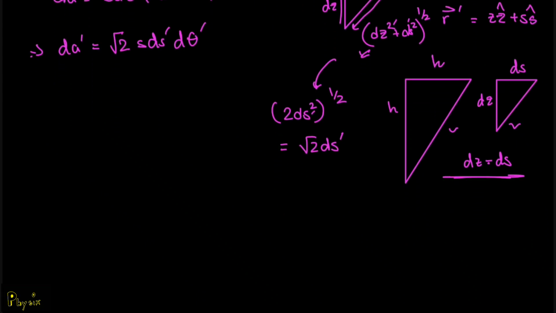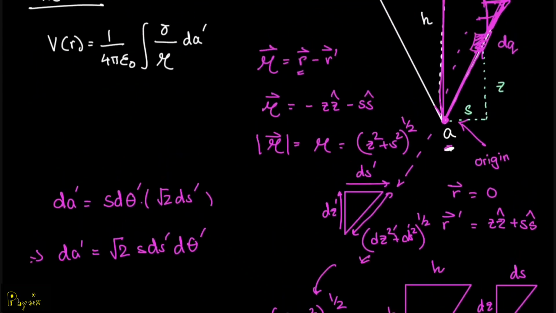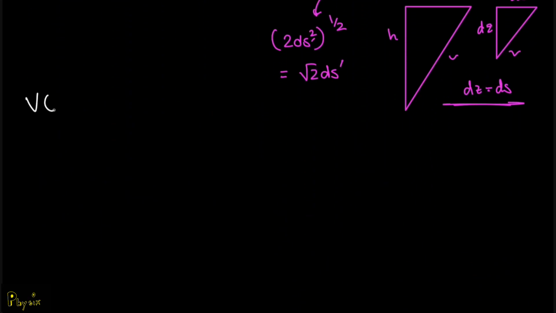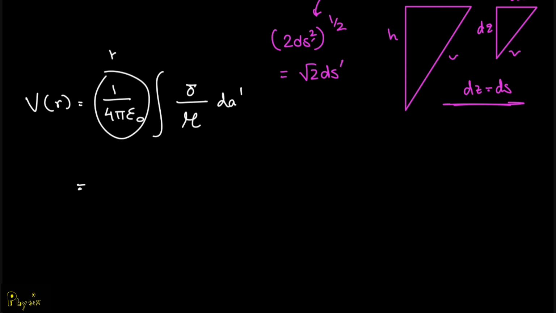Plugging this value into my equation over here, we get that V sub r is equal to 1/4 pi epsilon naught times the integral of sigma all over the displacement vector's magnitude times dA prime, and I'm going to write this down as k. So you have k times sigma over whatever.